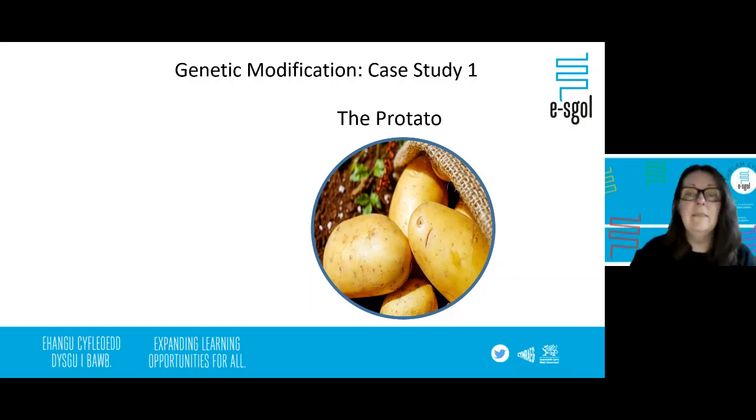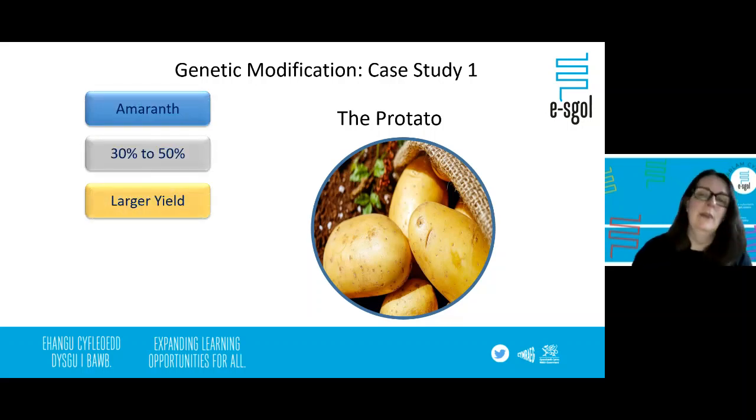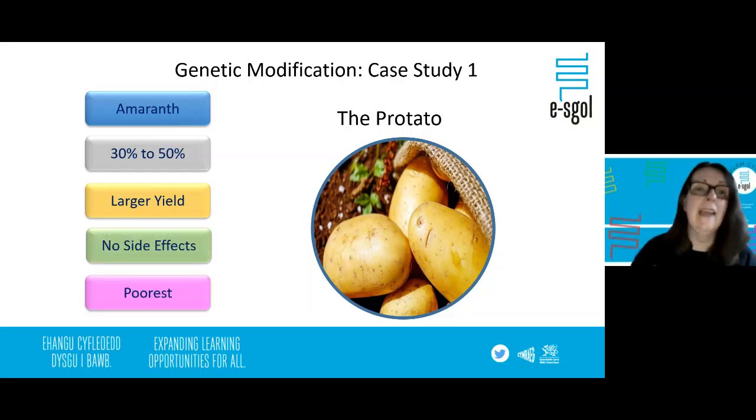So as the name might suggest, the Protato isn't just a potato. It contains protein as well. And this potato has been genetically modified with some extra protein put into it from the amaranth.